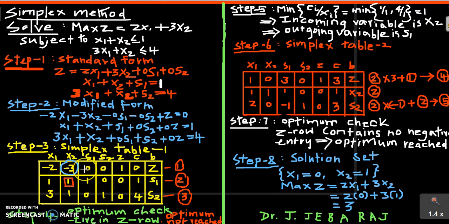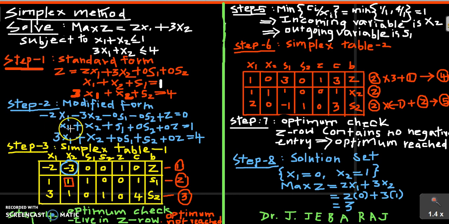Then the coefficients of the first equation: the coefficient of x1 is minus 2, the coefficient of x2 is minus 3, of s1 is 0, of s2 is 0, of z is 1, and the constant is 0. The basic variable I will tell you later.